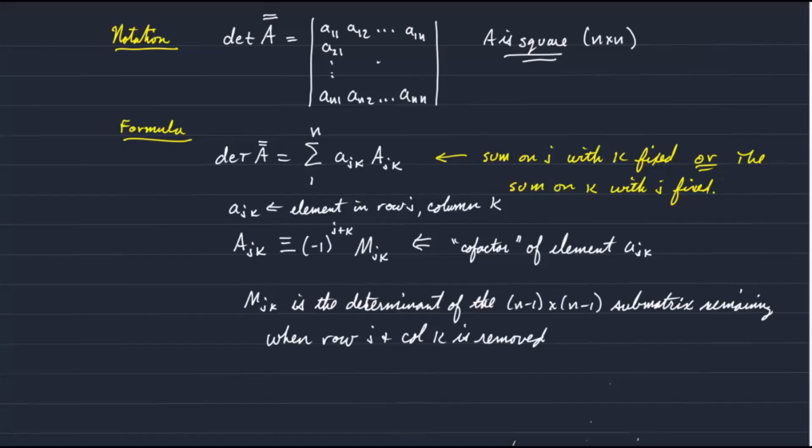So we could equivalently write the determinant of A is equal to the sum of J equals 1 to n for any value of K. We could pick K equals 1.